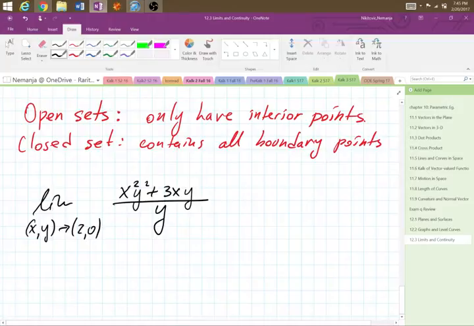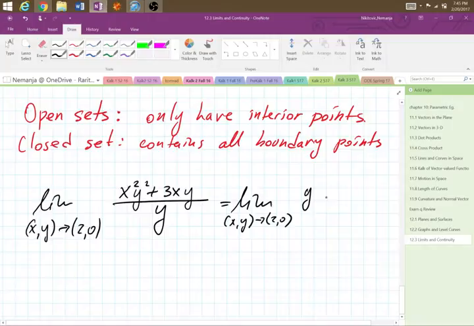Remember, the limit of x squared as x goes to 3 is 9. So if there was no y in the denominator, you would just plug in 2 and 0 everywhere. But don't forget to copy the limit. You have to keep copying the limit until you actually use it.